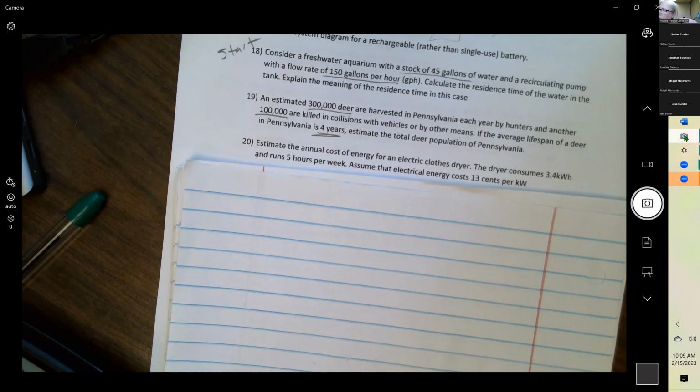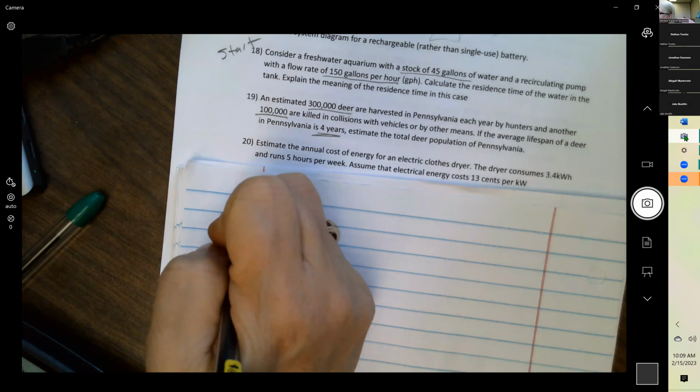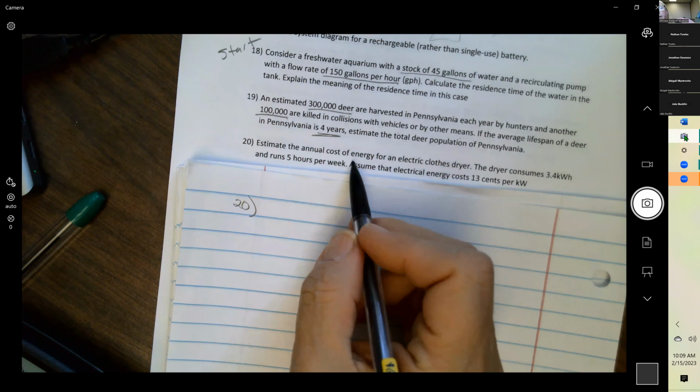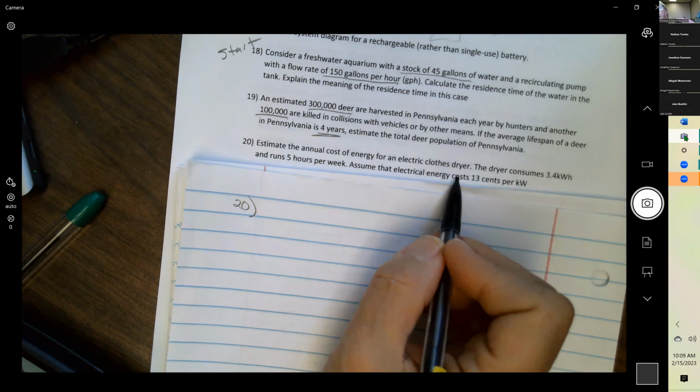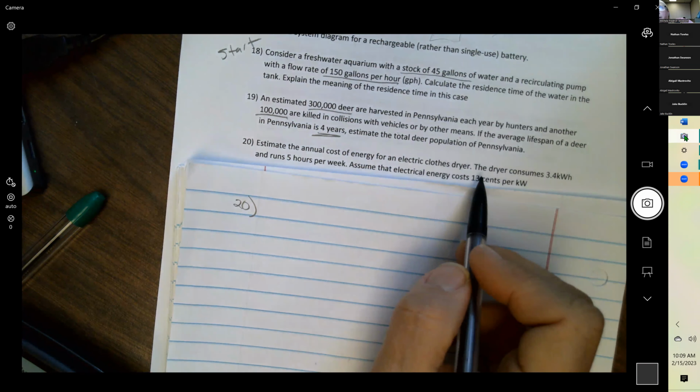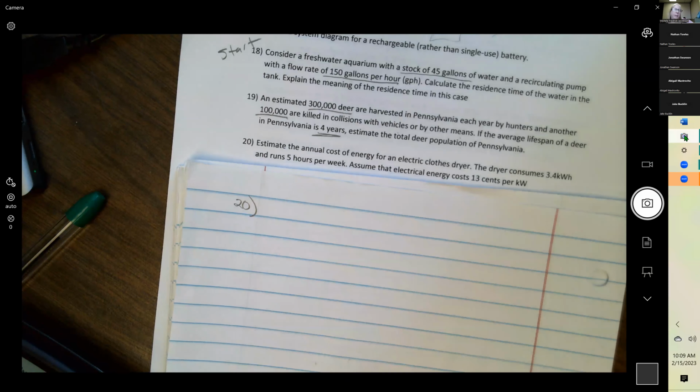Number 20. Estimate the annual cost of energy for an electric clothes dryer. I think we did one like this. I can't remember if it's the same one, but it was a good problem. I'm pretty sure it's still on the test.